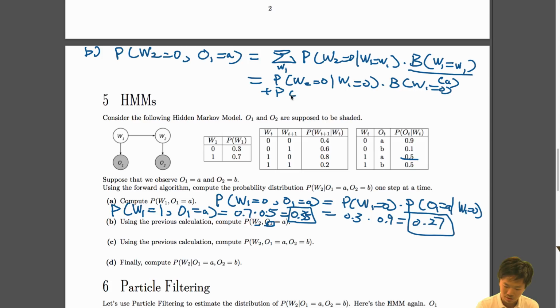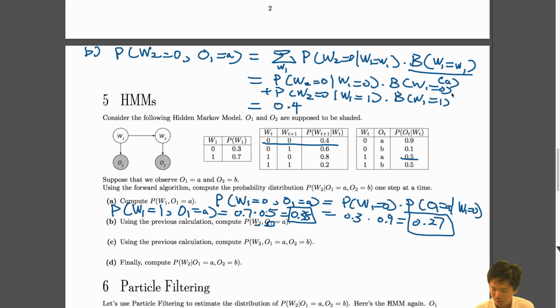And the second term is going to be the probability of W2 is 0 given W1 is 1, times the belief that W1 is equal to 1. So the transition probability from 0 to 0 is going to be 0.4. And the true belief of W1 equals 0 can be drawn from part A. That's going to be 0.27.